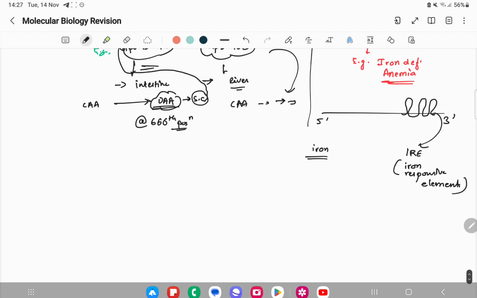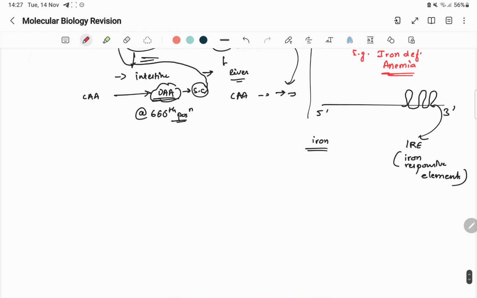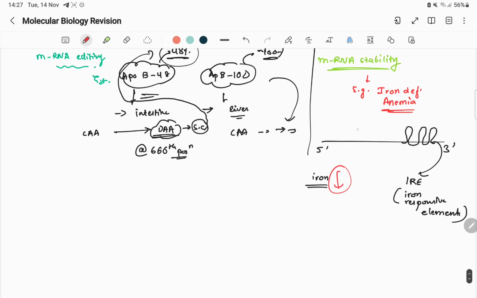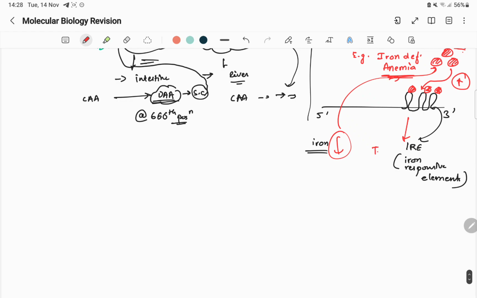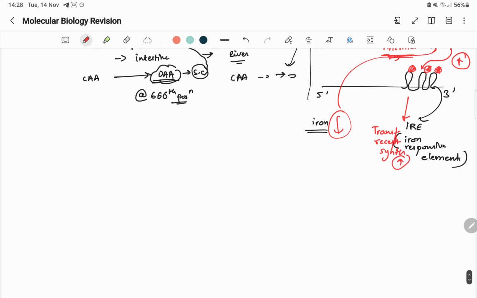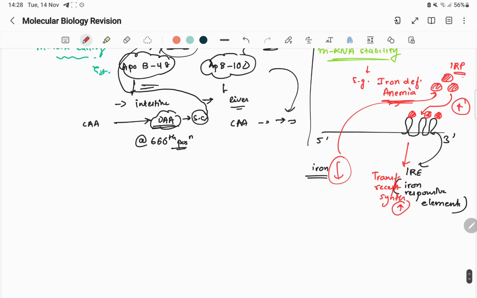If iron is decreased in the body, it will produce IRP. IRP binds to the IRE and increases the stability of mRNA, which will lead to increased transferrin receptor synthesis, and more iron will be reabsorbed and stored so as to compensate for the iron deficiency in the body.